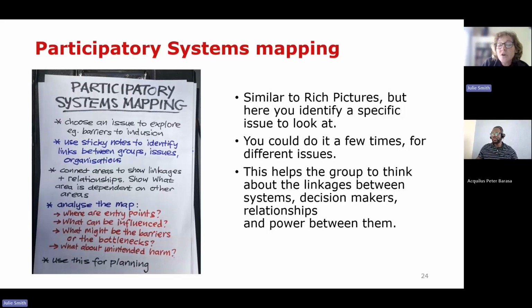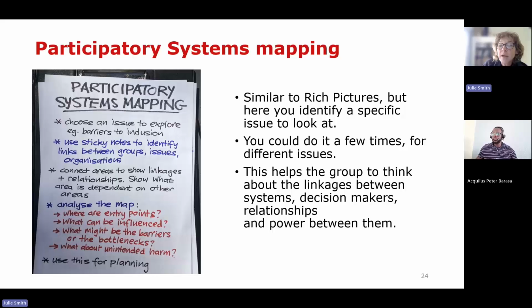So you could do this a few different times, and you could look at different issues. For example, you could choose an issue like what's stopping people with disability from getting employment in this area, or another one like what's stopping children with disabilities from going to school, or even what's stopping women with disabilities from getting employment.